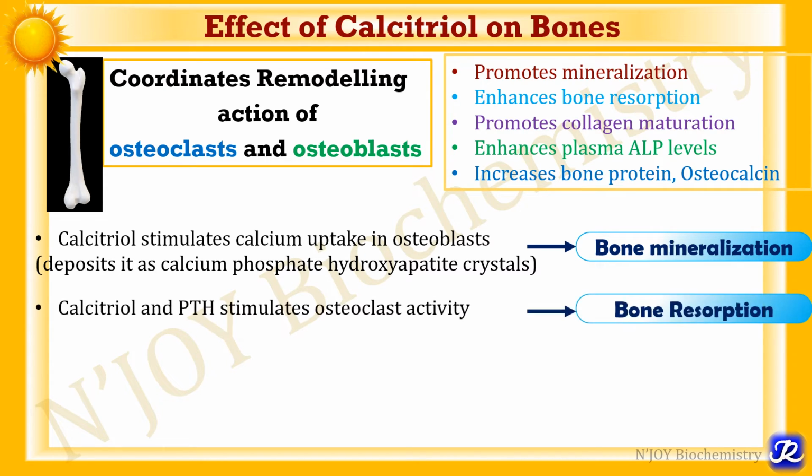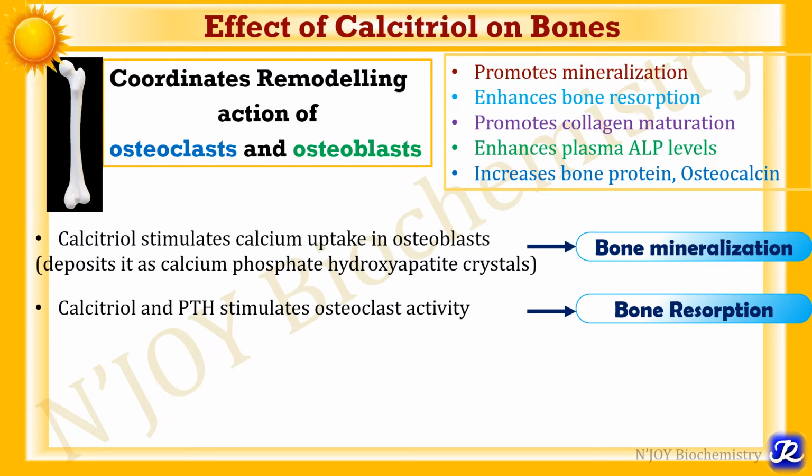And further, the calcitriol and parathyroid hormone act together to promote bone resorption by activating osteoclast activity. So this process contributes to the plasma calcium and phosphate level. Now it appears paradoxical because vitamin D seems to promote two different functions which have diametrically opposite effects.